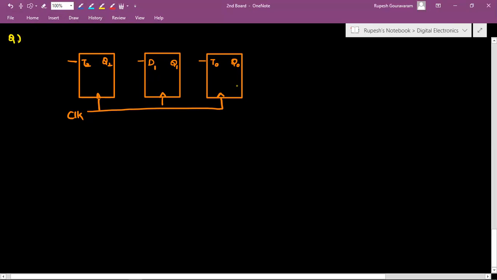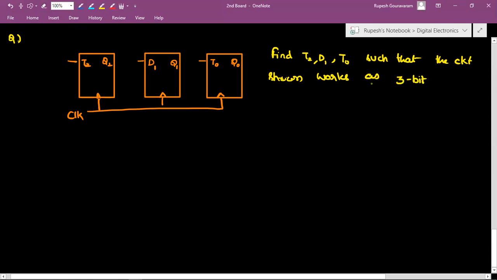Now the question is, find T2, D1, T0 such that the circuit shown works as a 3-bit down counter.